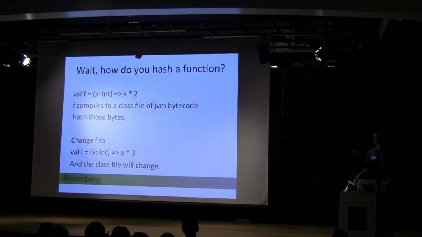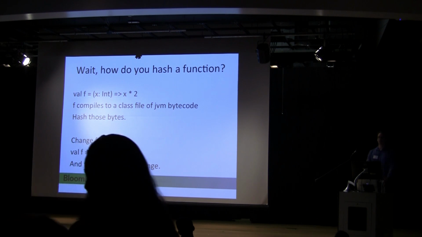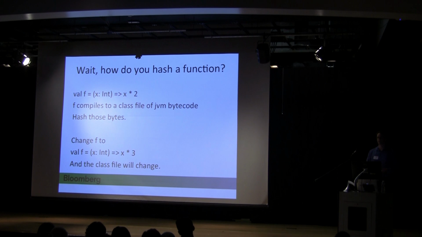Now I just waved my hand and said, oh yeah, just hash a function, but there's not exactly a built-in way to hash a function in Scala, but there is a way to do it. If you have a function, let's say x goes to x times 2, what Scala currently does, and this is changing in newer Scala versions, is turn each anonymous function into a class, and you can get a reference to that class from the reference to that function.